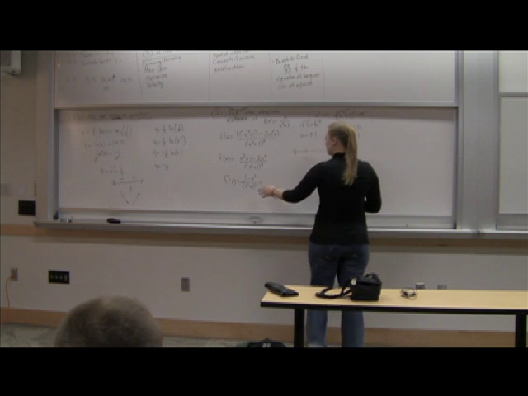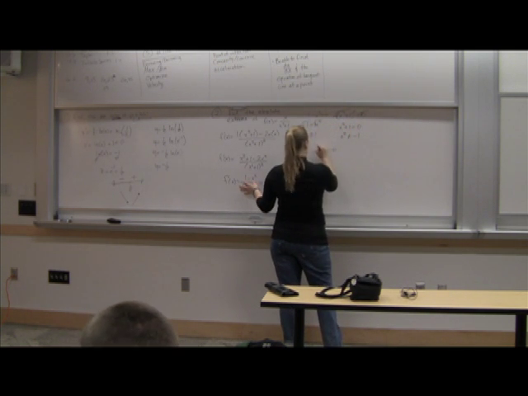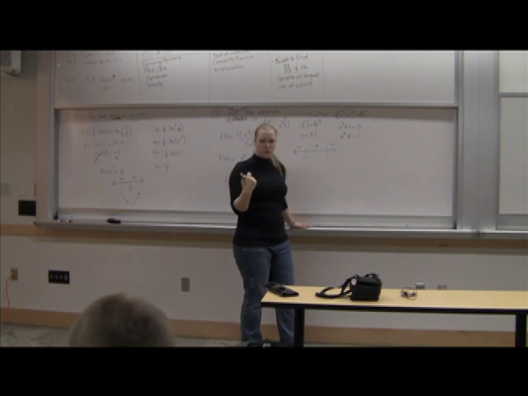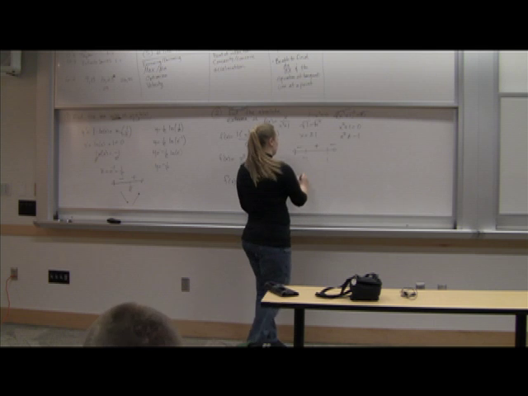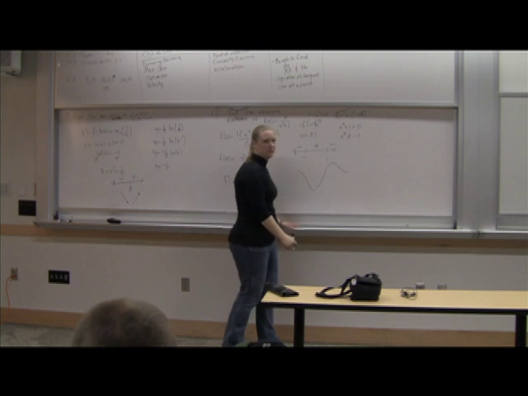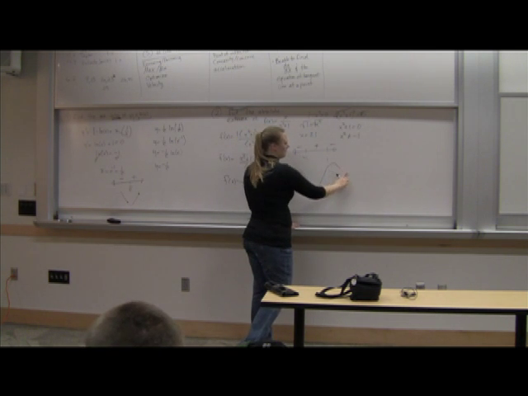I'm going to plug in 0. That would be positive. I'm going to plug in 2. It would be negative. I'm going to plug in negative 2. It would be negative. So this is what I know about this graph so far. It's going down, it's going up, and it's going down.